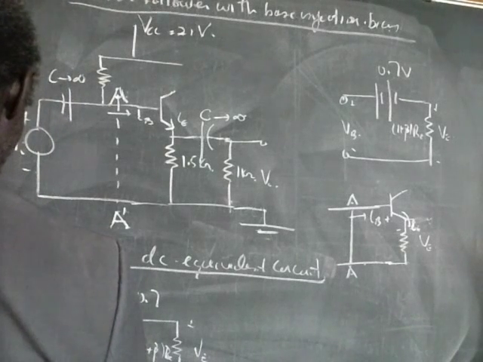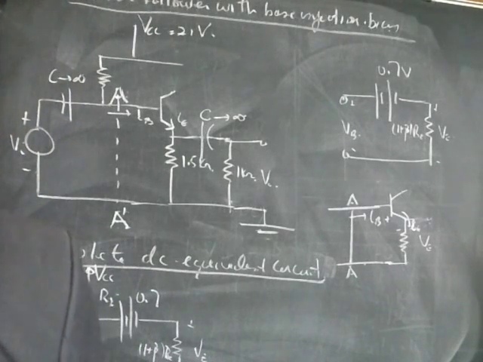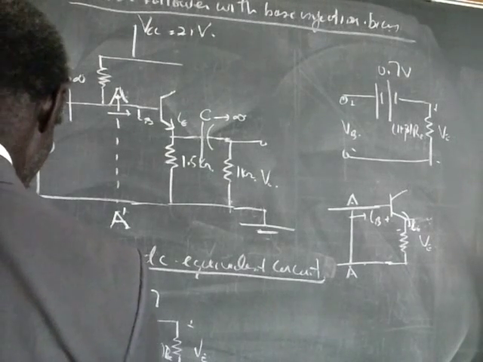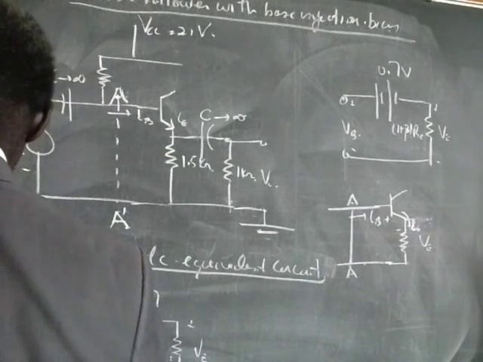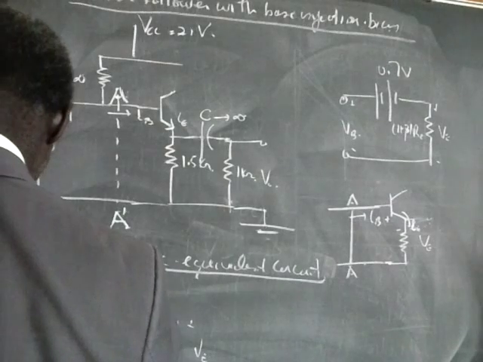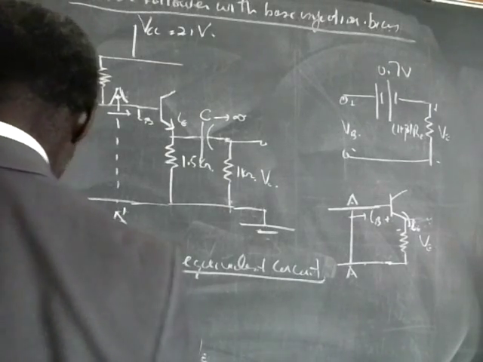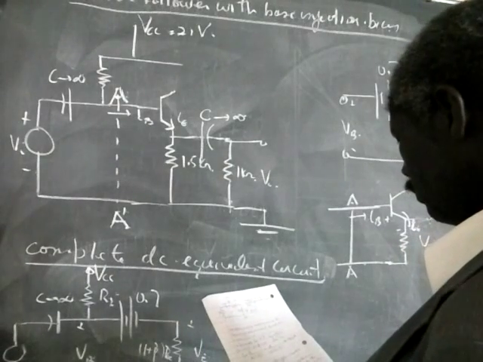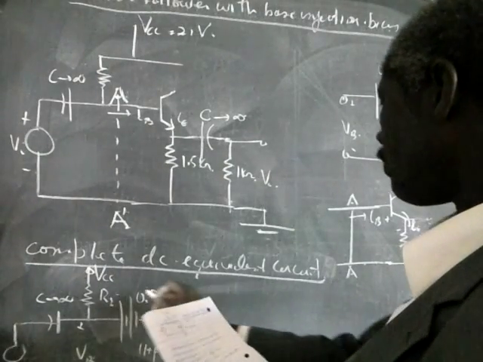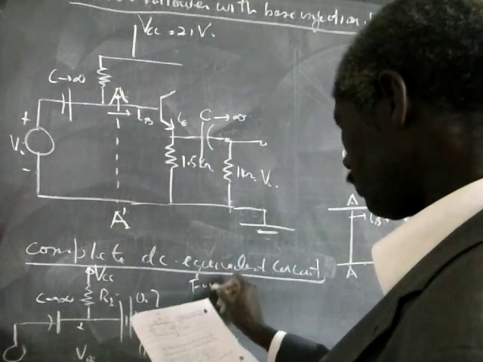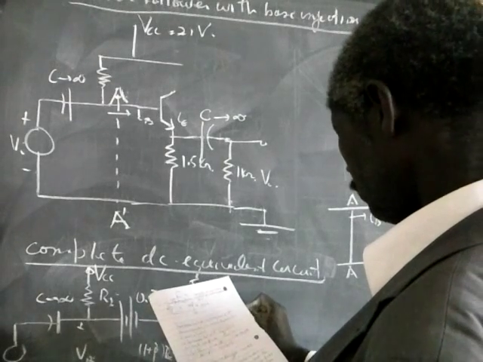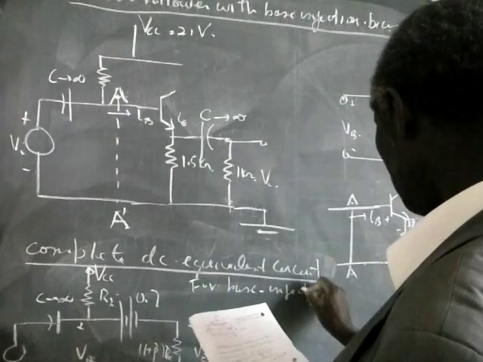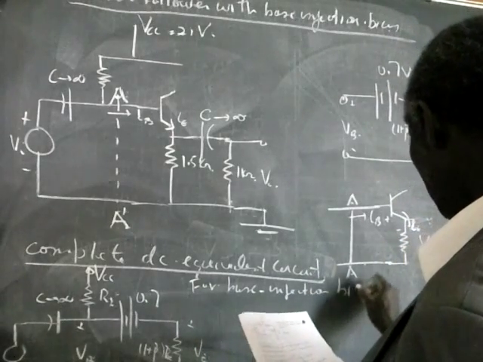This is C to input VI. Base injection bias.